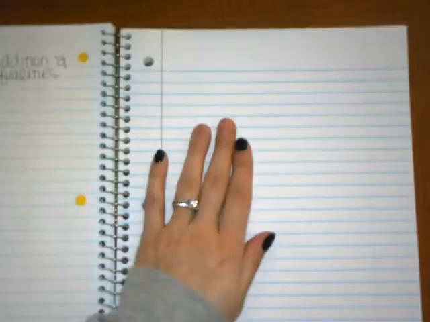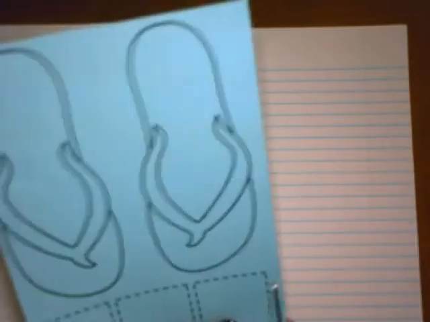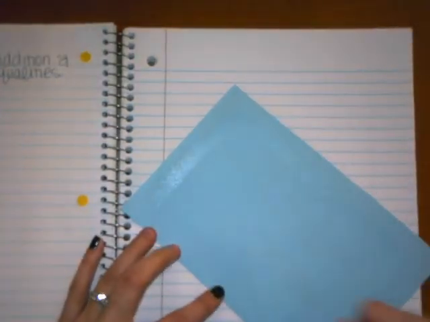Then on this page, we will take the blue paper, and I'm just going to trim it up. You can choose not to trim this paper up, it's your choice. I'm going to flip it over and glue it down.